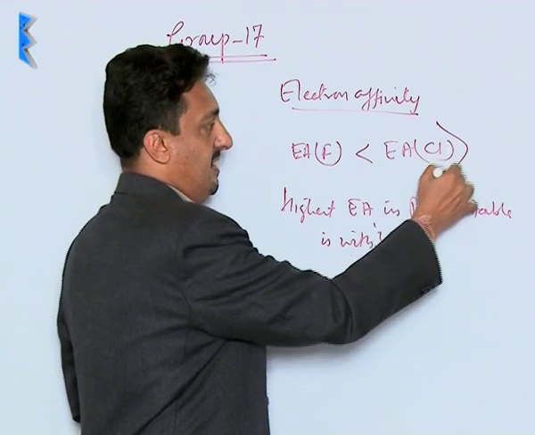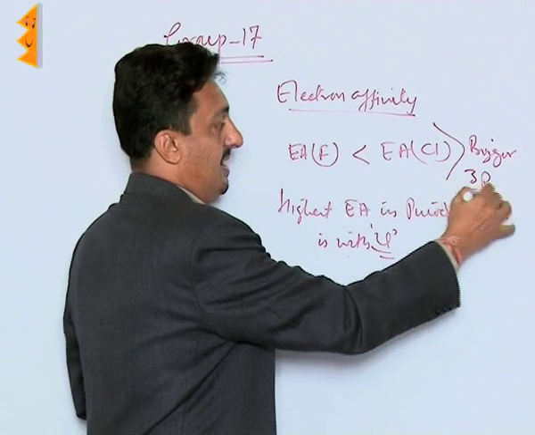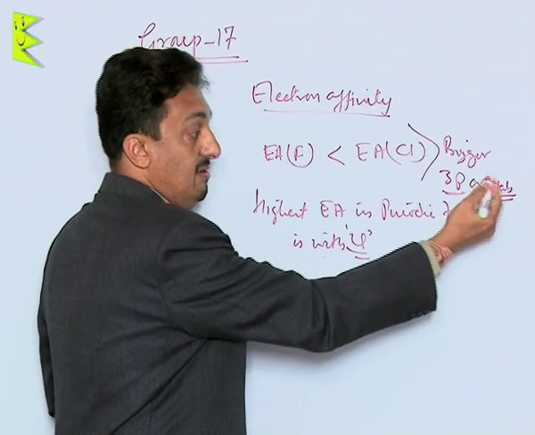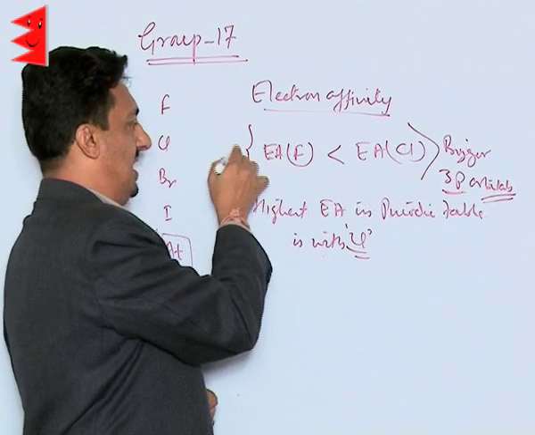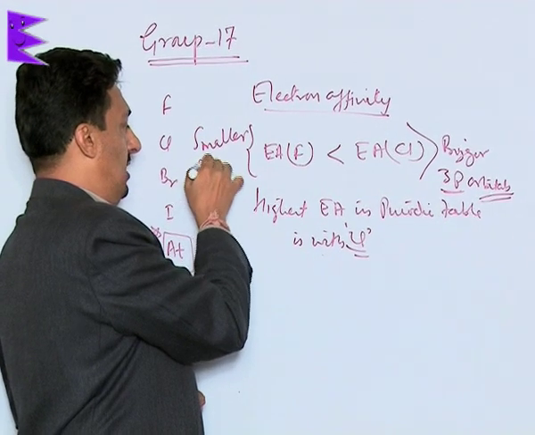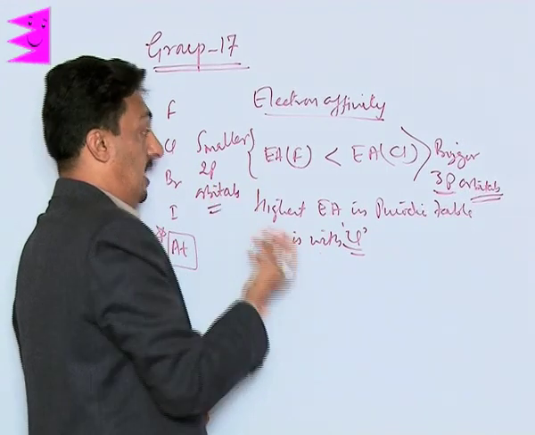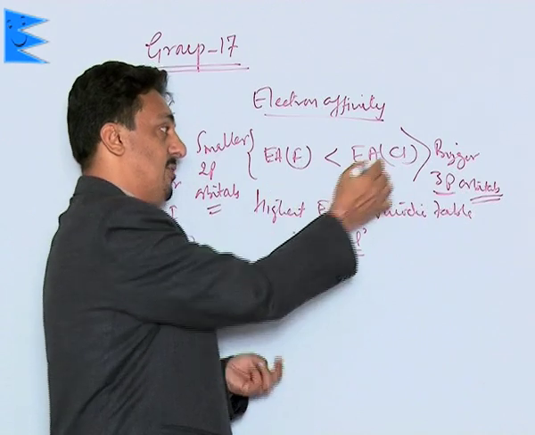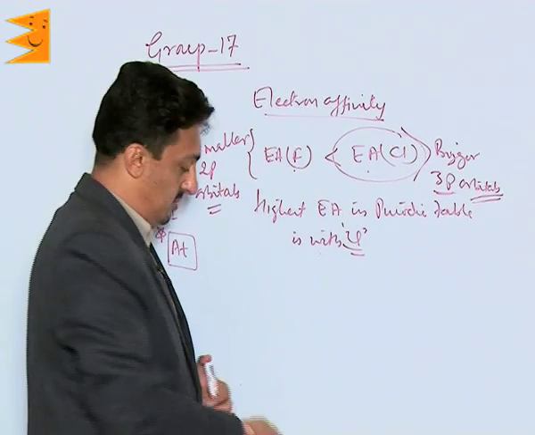The reason is chlorine has bigger 3p orbitals in which there are lesser interelectronic repulsions, whereas fluorine has smaller 2p orbitals in which there are more interelectronic repulsions. That's why chlorine's electron affinity is more than that of fluorine. That's most important to note.